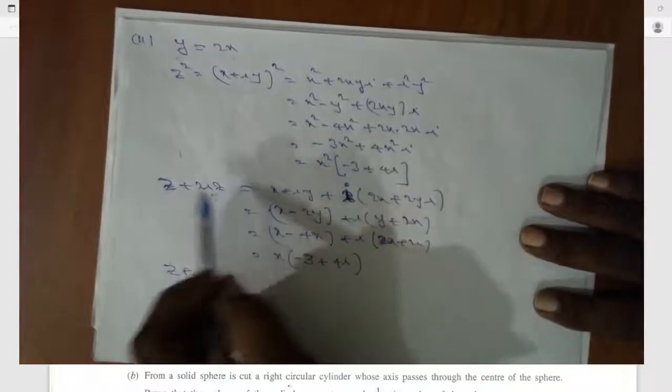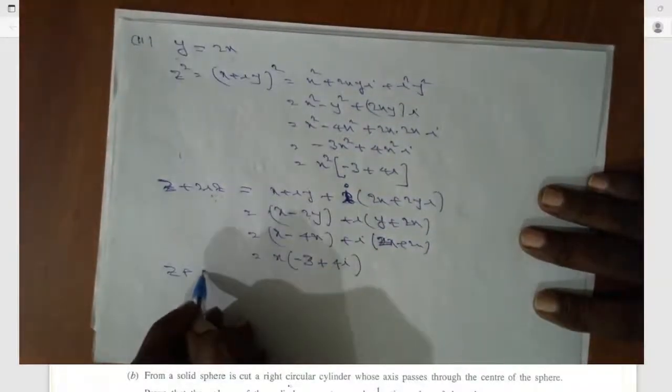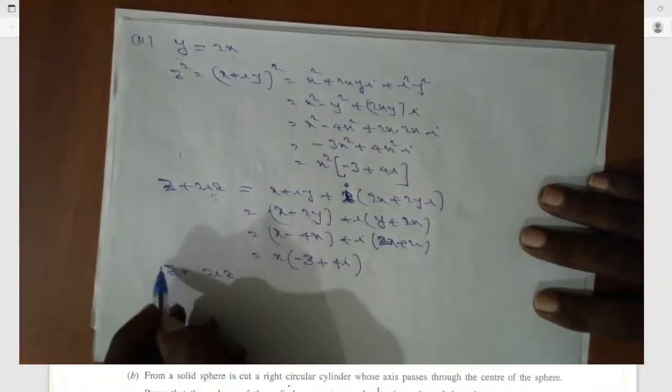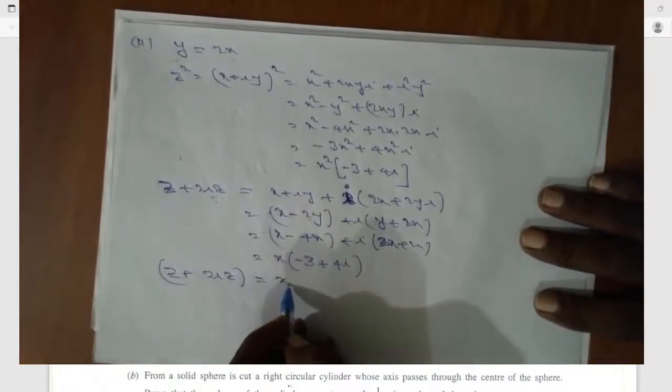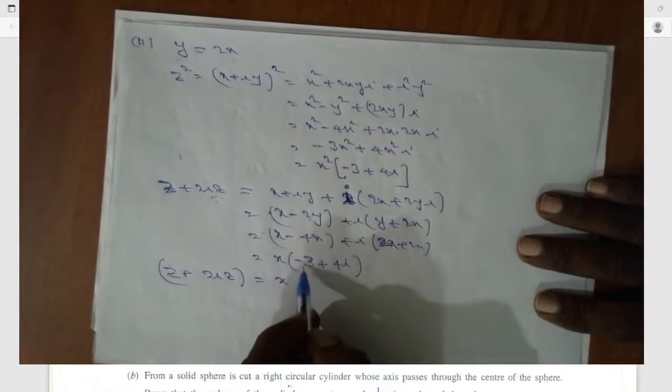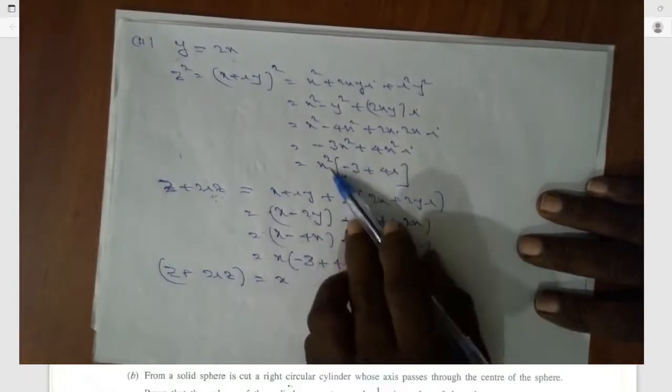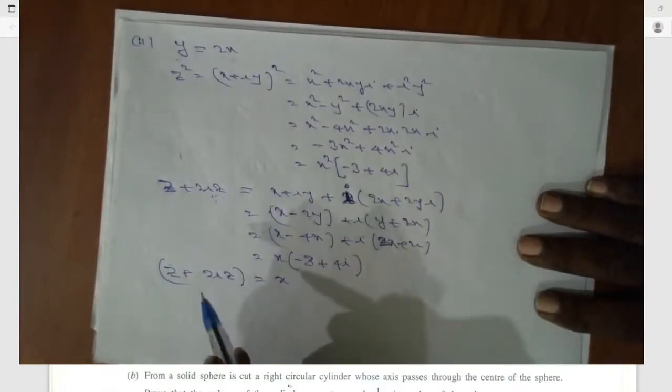Now you can connect these two. z plus 2iz equals x times, instead of that, x times z squared.